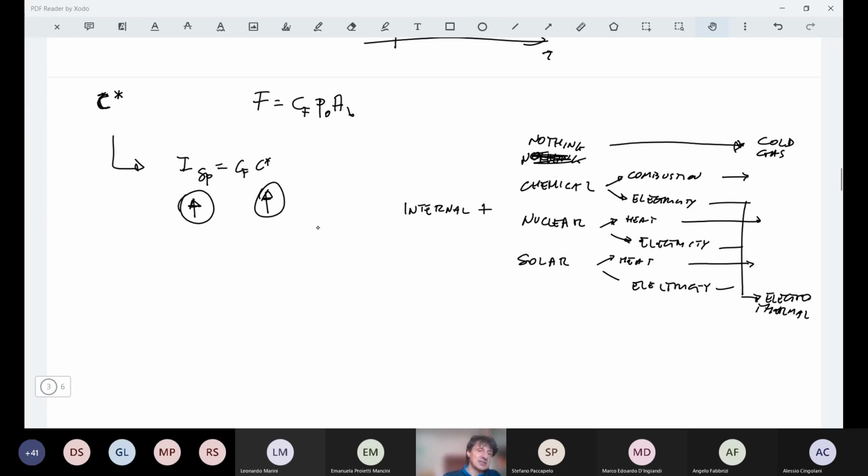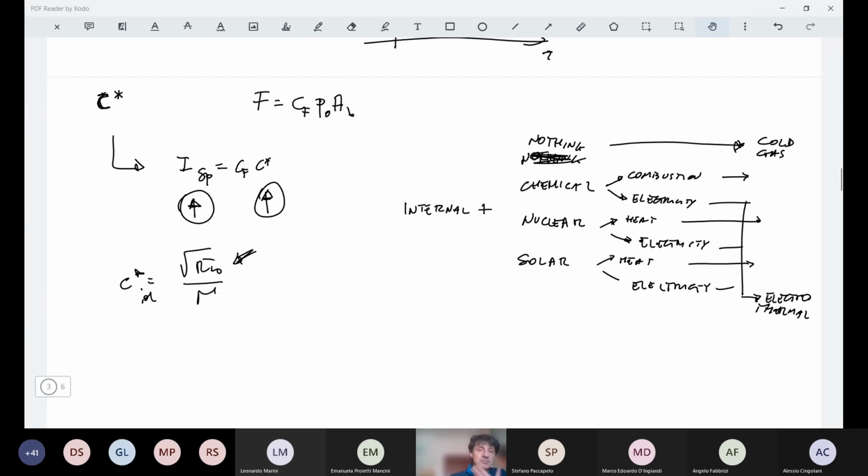We expect that C star, which in the ideal case, we have seen would be the square root of RT0 over gamma, and of course the main quantity is this T0, and we don't expect high values of T0 in cold gas. So by definition, we are not heating the gas, we're just storing the gas as is, and so we don't expect high performance.